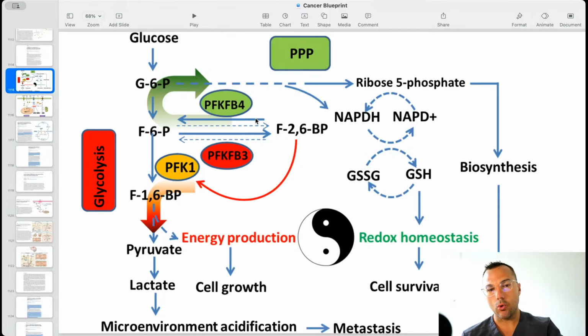And if it needs more substrates, or more help from an antioxidant perspective and maintaining redox homeostasis, it will shunt the glucose to or through the PPP, or the pentose phosphate pathway.